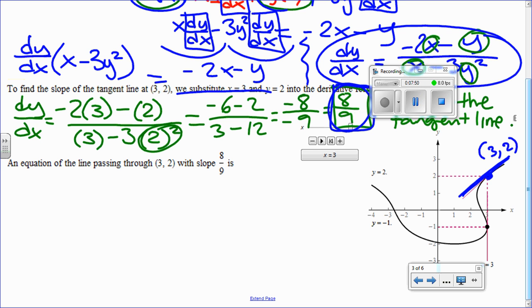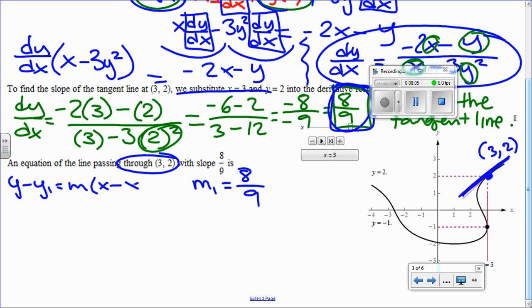Okay, so now the equation of the line, we have the slope. This is like a pre-calc 1 problem, or algebra 1 actually, through this point right here. So we use y minus y1 is equal to m times x minus x1. This is a formula that you need to know very, very well. You will need it on the test.